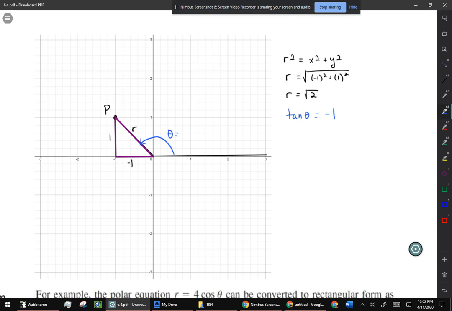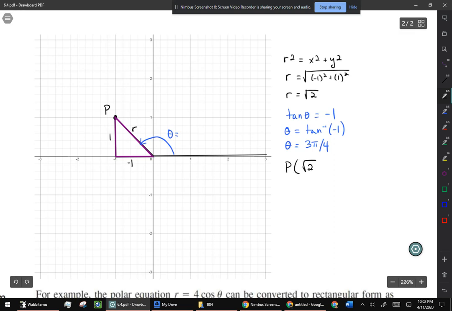And again, we're in quadrant 2, so if I do the inverse tangent of -1, remember, I know it's pi over 4, but because I'm at -1, then I know that theta is going to be 3 pi over 4. And in that case, now I have my theta and my radius. So point P as a polar is going to be √2, 3 pi over 4.